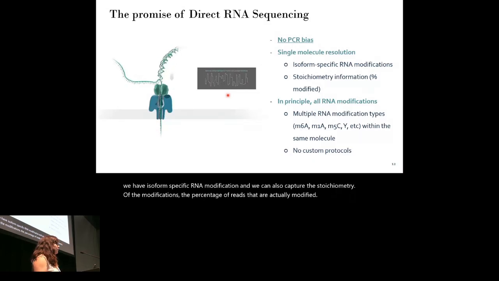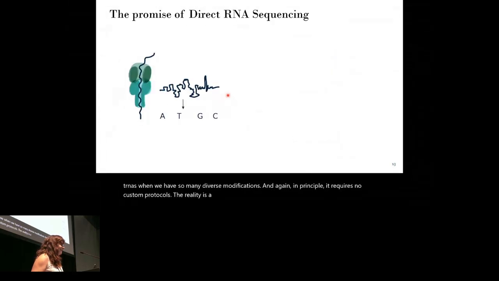In principle, we can also capture all RNA modifications, which is particularly useful in studying tRNAs when we have so many diverse modifications. And again, in principle, it requires no custom protocols. The reality is a bit different.